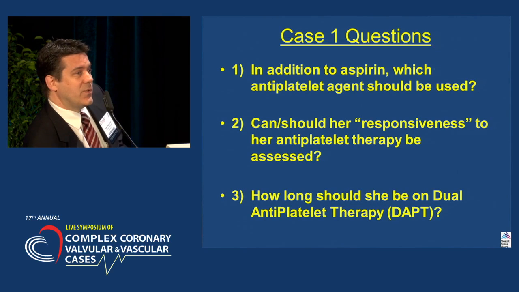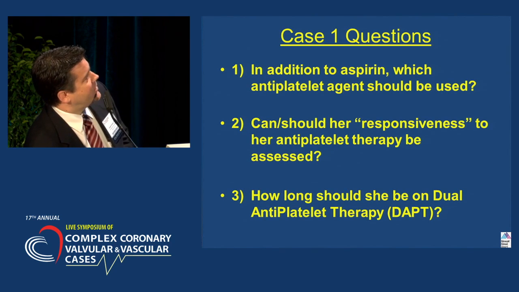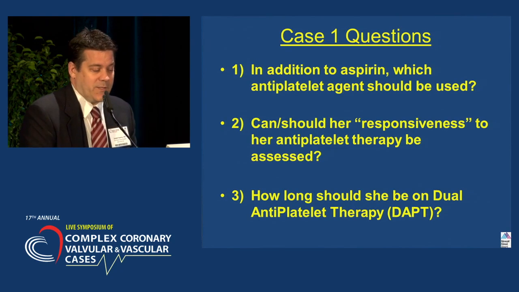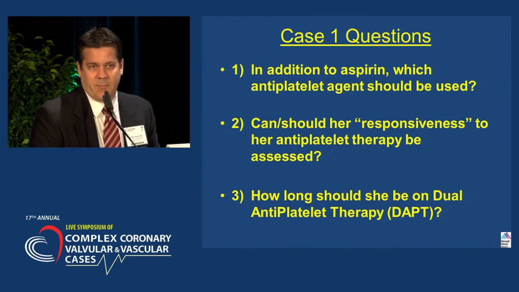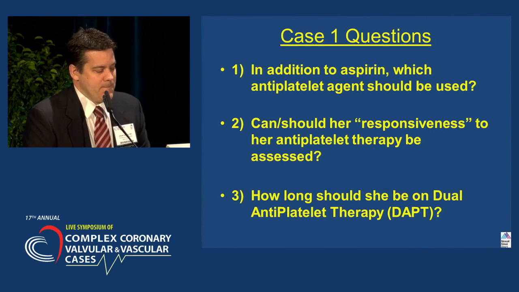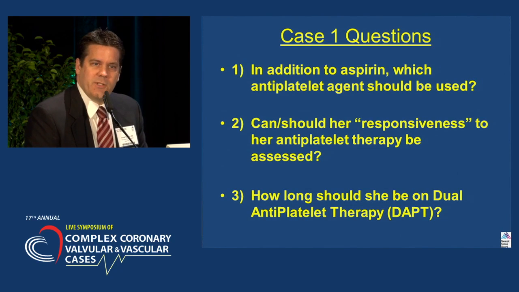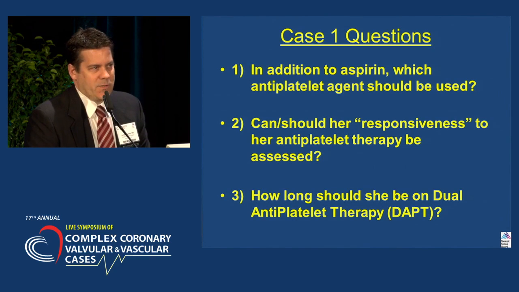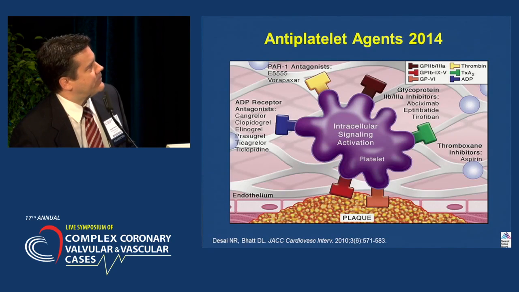Which one should be used and why? Number 2, and more important, should we assess her responsiveness to the antiplatelet therapy that we put her on? And number 3, how long should she be taking what we call dual antiplatelet therapy? Those are the 3 teaching points I want to talk about based on this case.